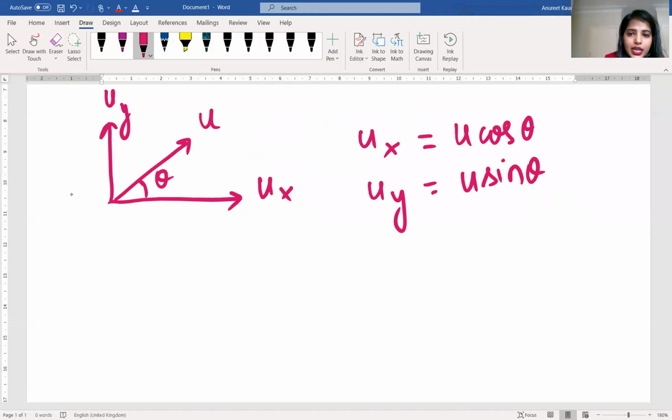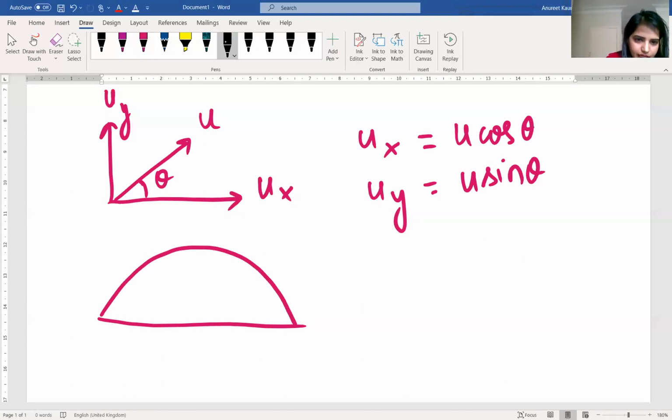Now, my next thing is, how can I determine the maximum height achieved by the object in this angular projectile motion, right? Now, as I have already told you, let's say my angular projectile motion is this, at an angle theta, right?